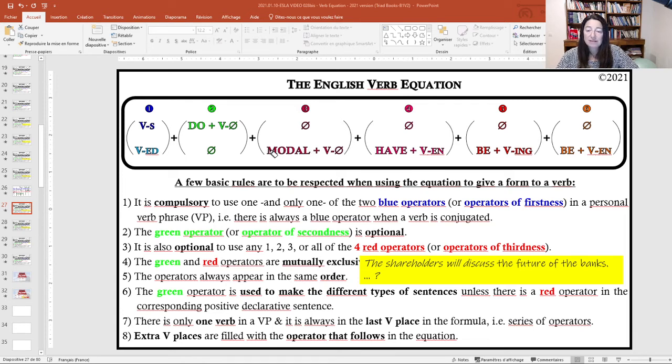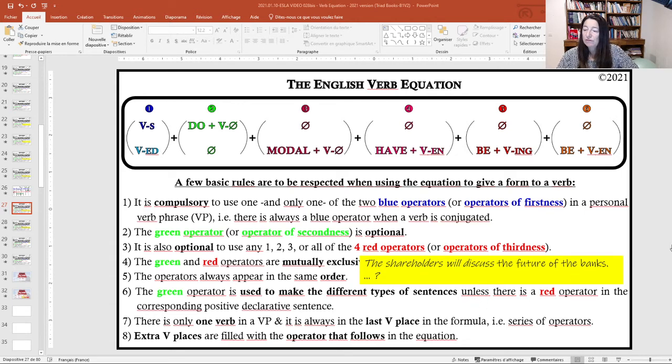And the modal is associated with which operator, I should say? Well, it is associated with VS, okay? And then we know that we need, after a modal, to always use a verb base or an infinitive. That's the same thing, and in this case we have discuss.